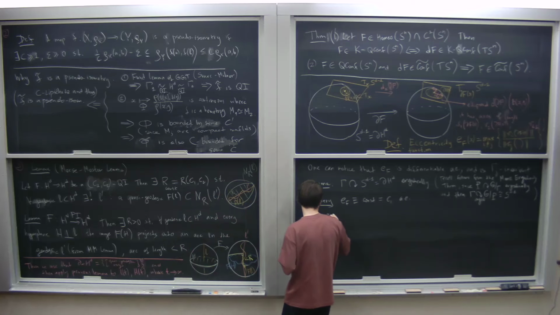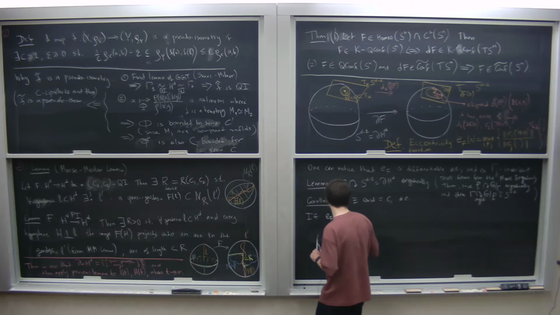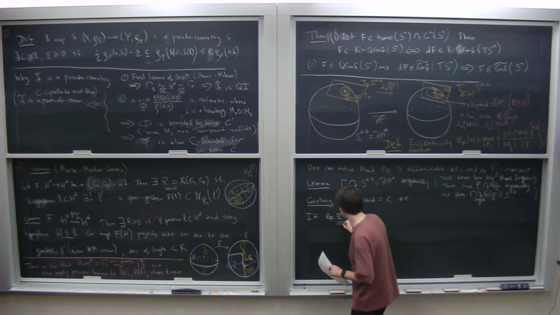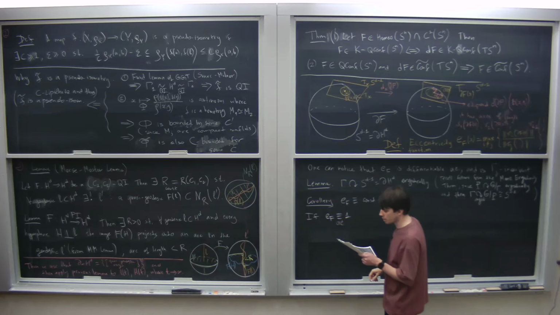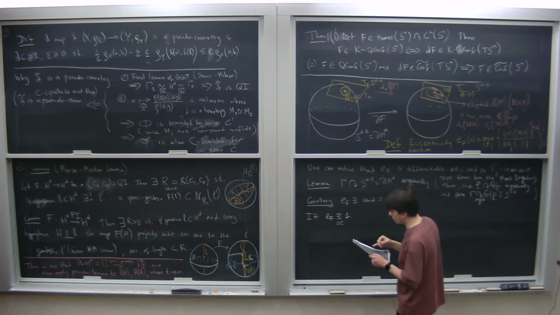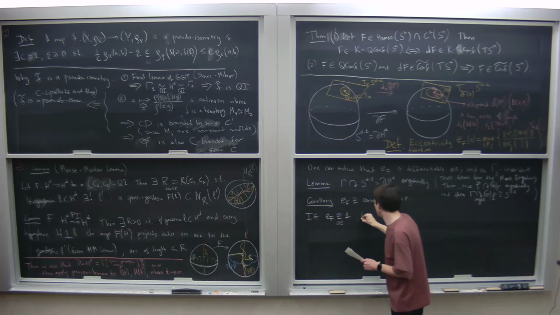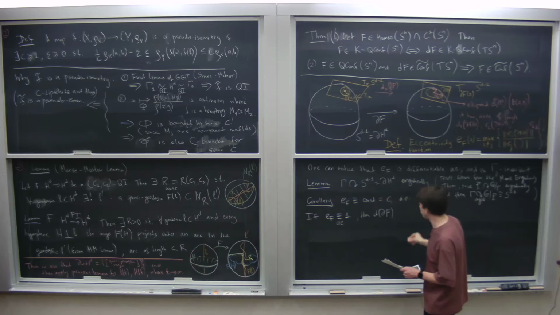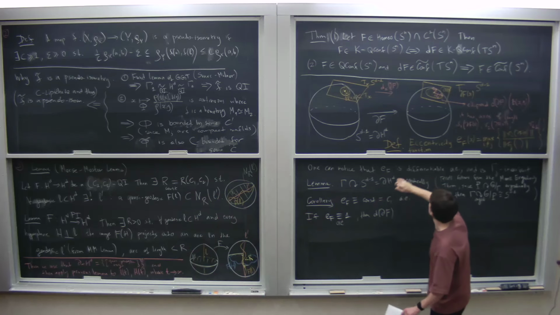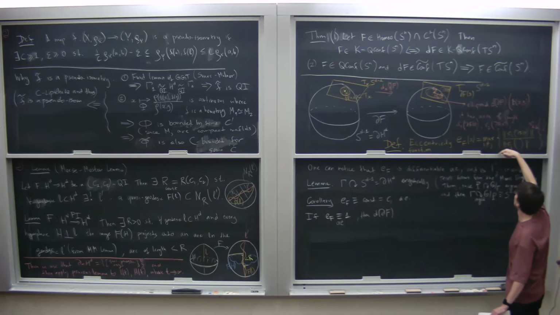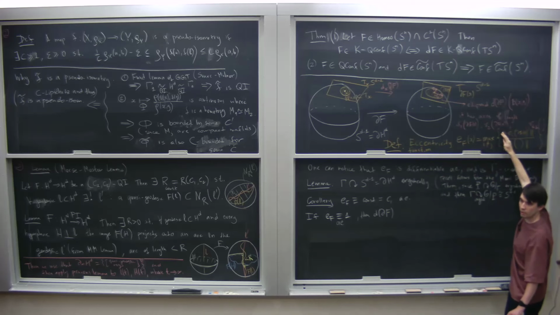If E_f is equal to 1 almost everywhere, then we are done, since then we obtain that df is, to be technically correct, conformal, right? So if this function is 1, it means that almost everywhere the image is a ball.